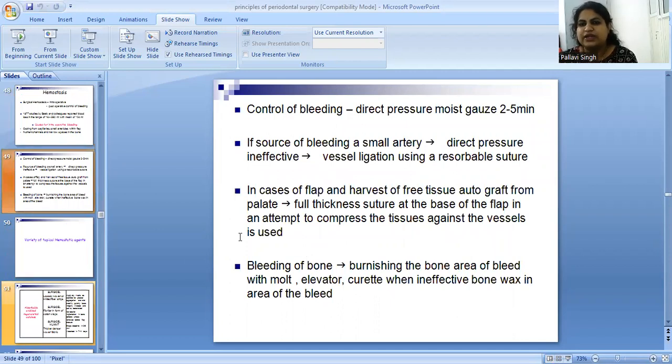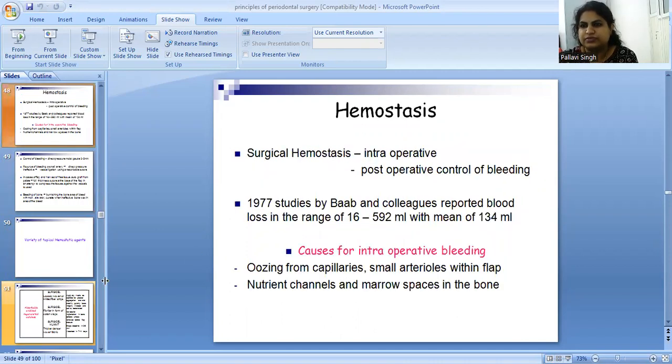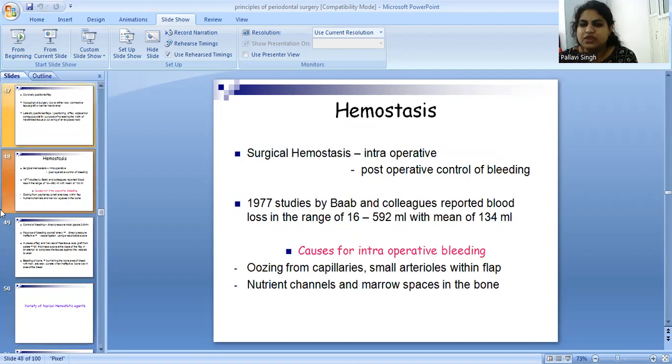Now the control of bleeding. Hemostasis, what we understand by hemostasis means control of bleeding in the operative site. Surgical hemostasis is defined as intraoperative and post-operative control of bleeding.